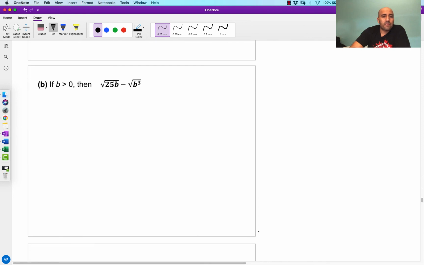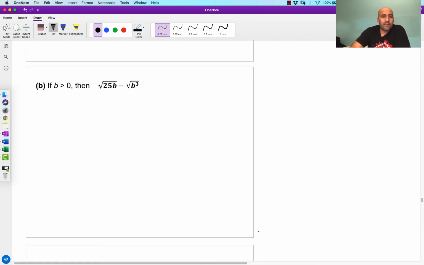All right, if b is greater than 0, so positive, we have this. Okay, so again, by default, this must be this little invisible 2 that goes in there. So this will be equal to 5 root b minus b root b, right?